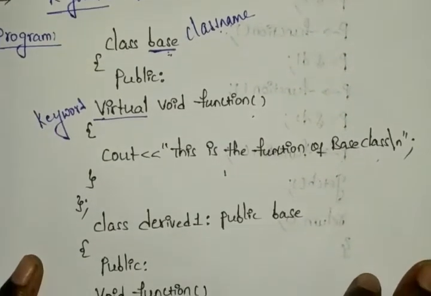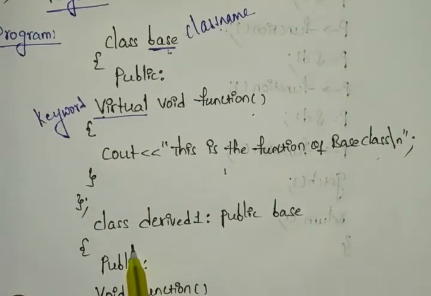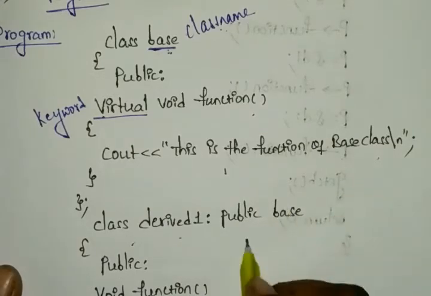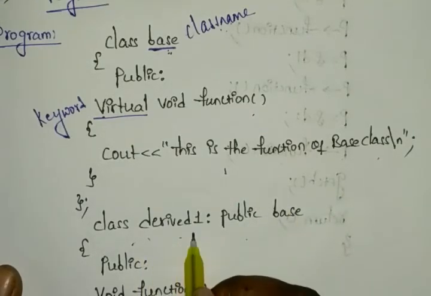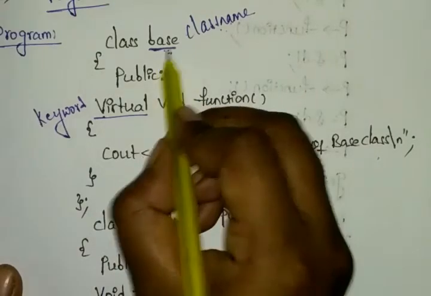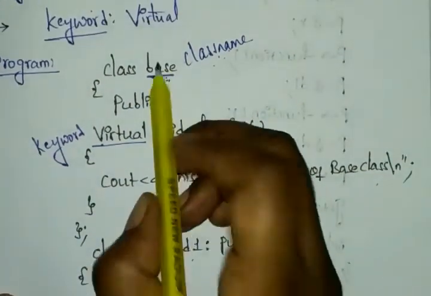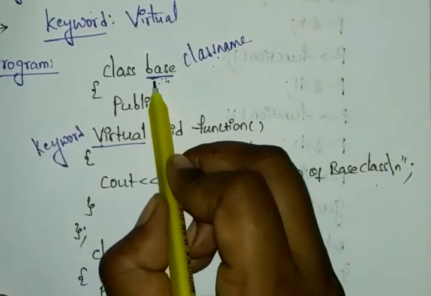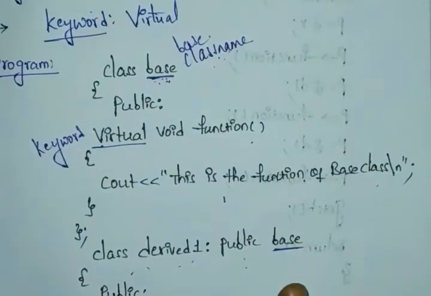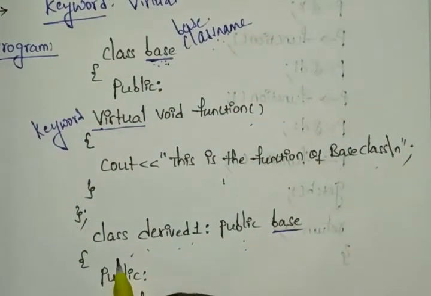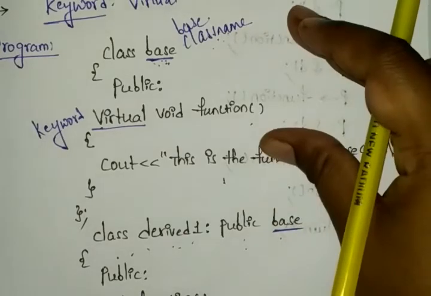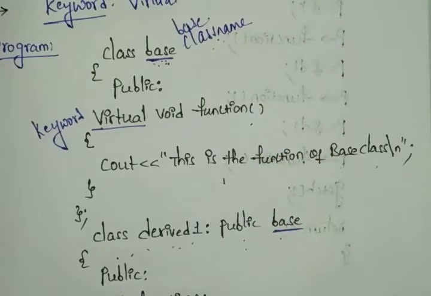Next, you can see the class that is derived from our base class: public Base. Here we have the derived one, public is the access specifier, and Base is the base class name. So the class will be derived from our base class, meaning whatever properties are in the base will be added into this.